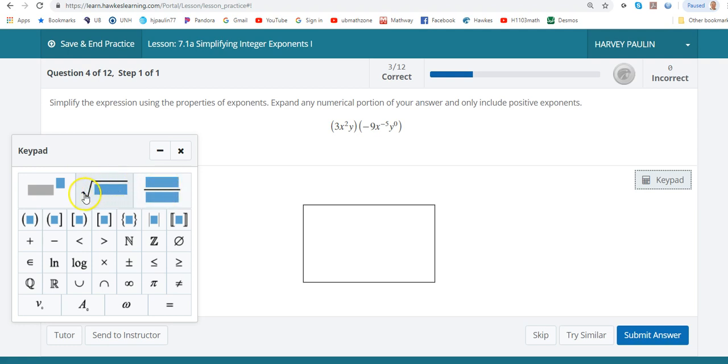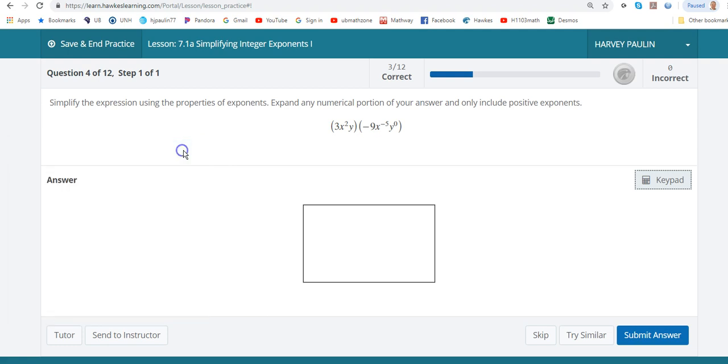Anytime we needed the square root of something, we would use this. And in interval notation, these are all symbols that we would use, as well as later in the course when we do natural log, log, plus or minus something. This is multiplication, less than or equal to. So all these tools are available.